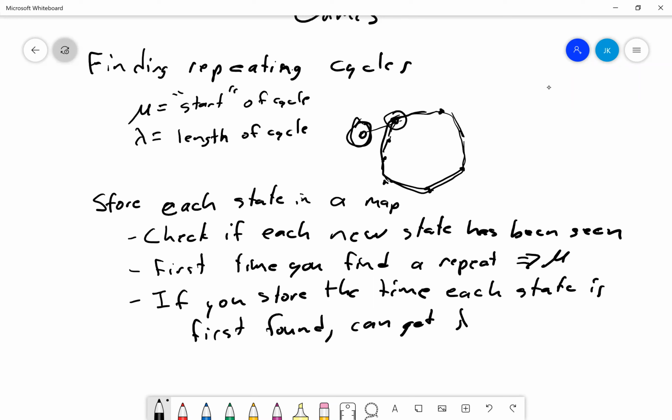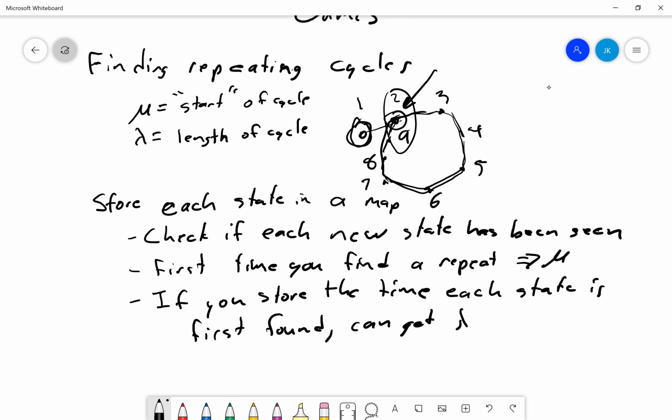In other words, if I'm here and I say this is 1, 2, 3, 4, 5, 6, 7, 8, and then now I come back here to 9, well, I know the cycle is length 7. Because first of all, mu is going to be that number 2, and lambda is going to be 9 minus 2, or 7. Okay, so that's one approach to doing this.